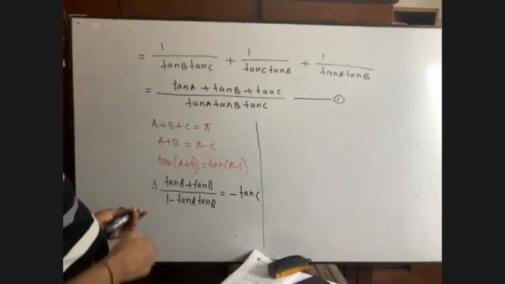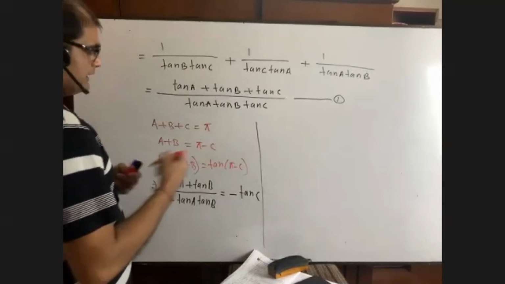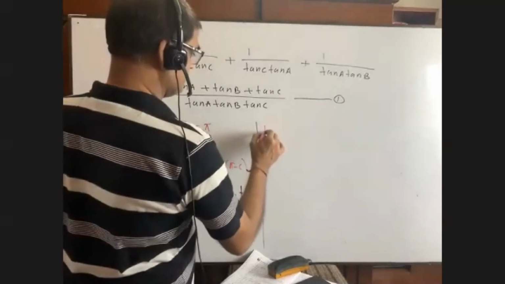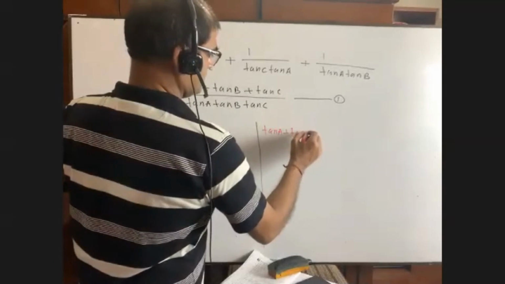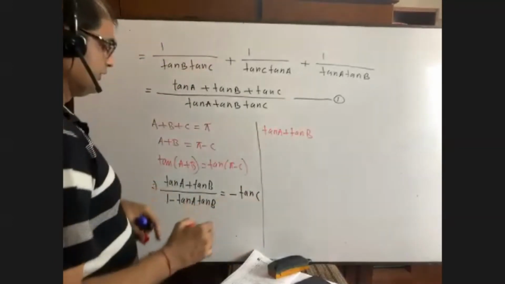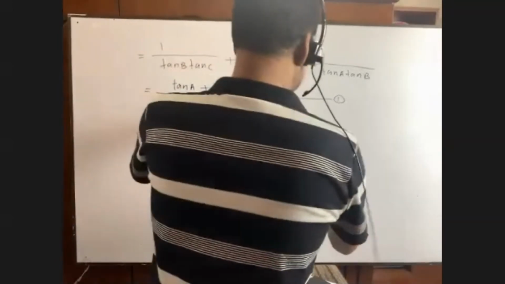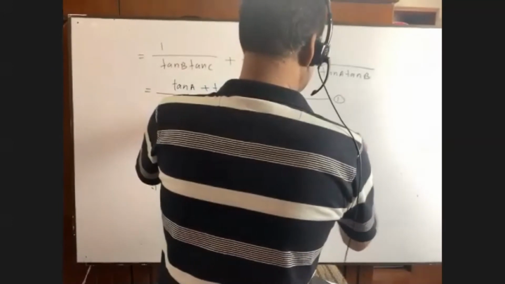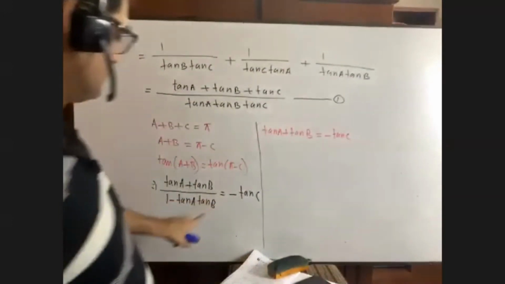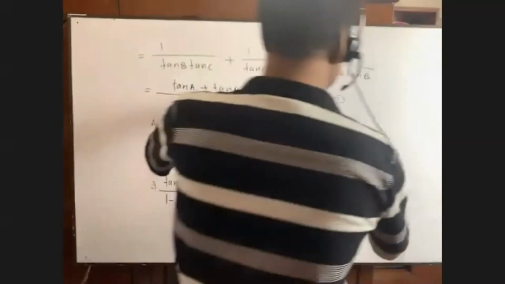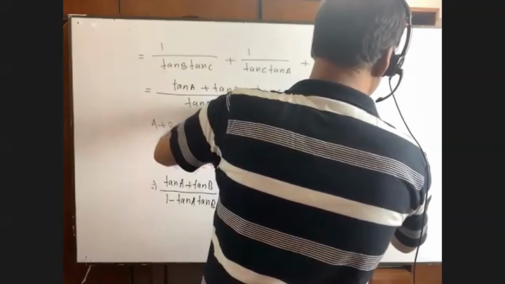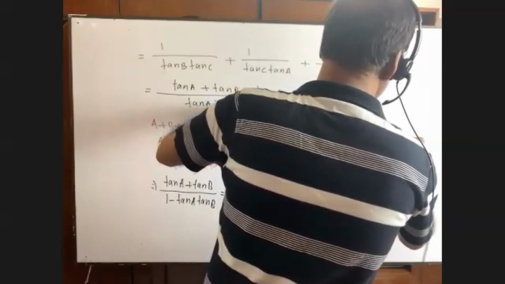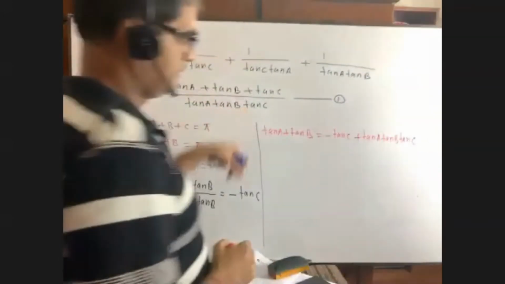Then we'll be left with tan A plus tan B is equal to minus tan C, then plus tan A tan B tan C.